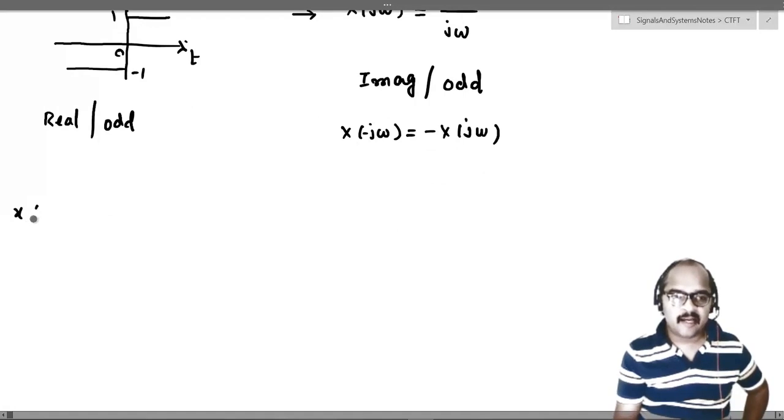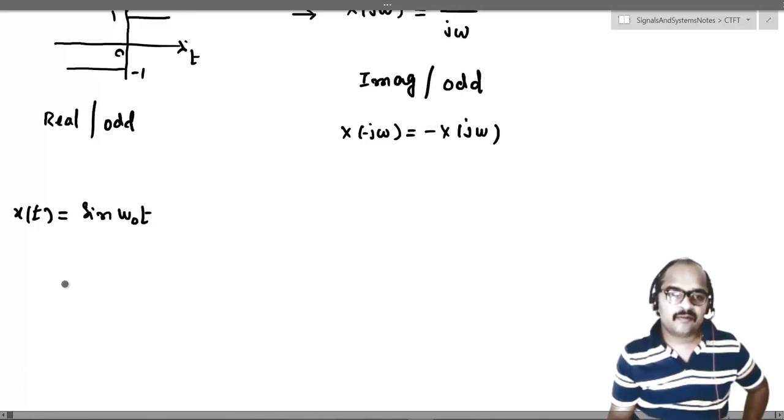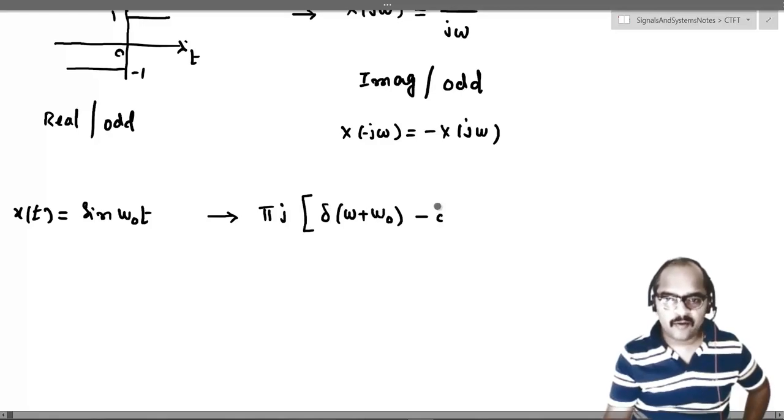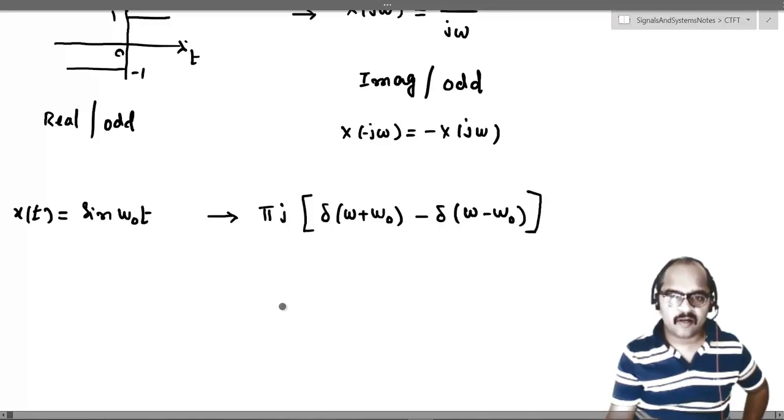Let us take x of t to be sine omega naught t. If you take x of t to be sine omega naught t, we got the Fourier transform to be pi j multiplied with delta of omega plus omega naught minus delta of omega minus omega naught.